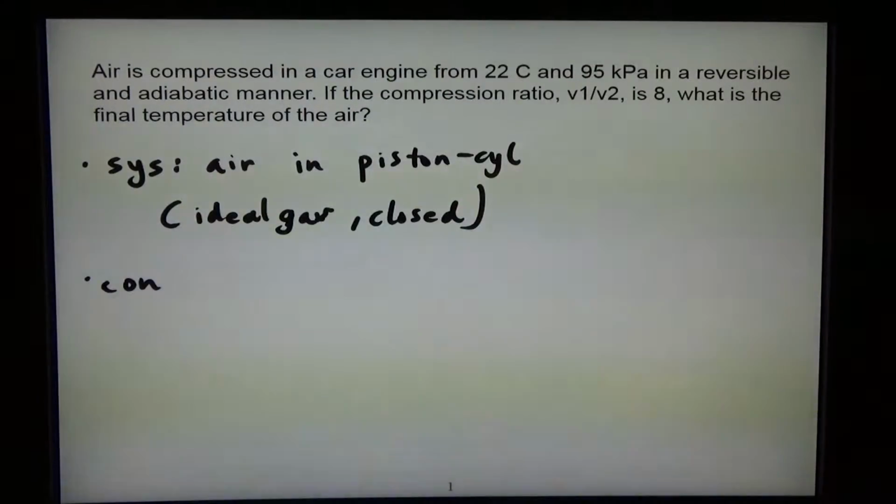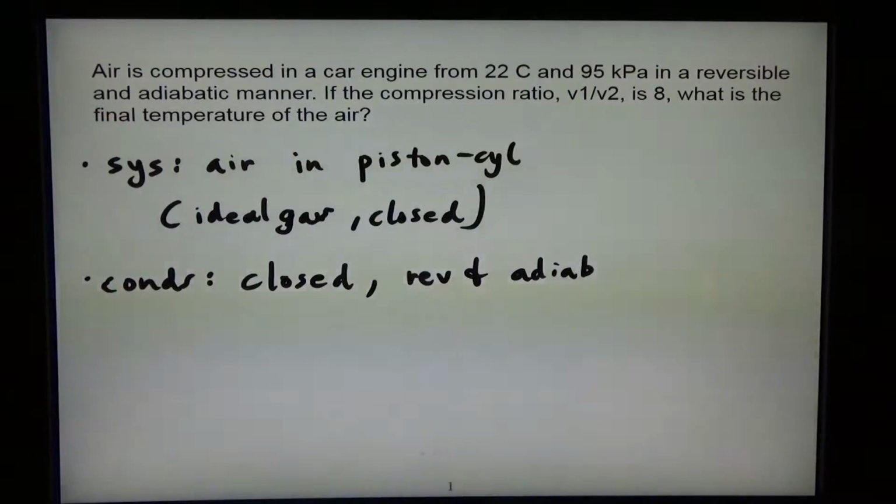For the conditions, we notice something very unique in the problem statement. It says that the air is compressed in a reversible and adiabatic manner. So along with the typical closed condition, or constant mass, we're also told that we have a reversible and adiabatic process.